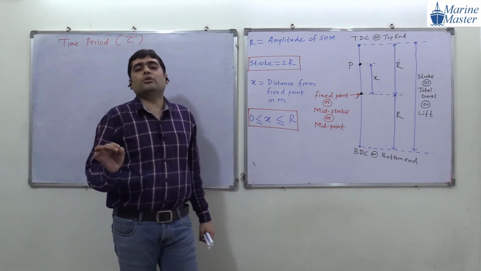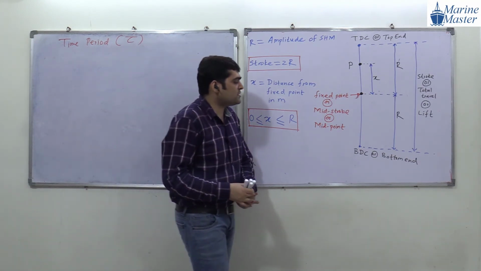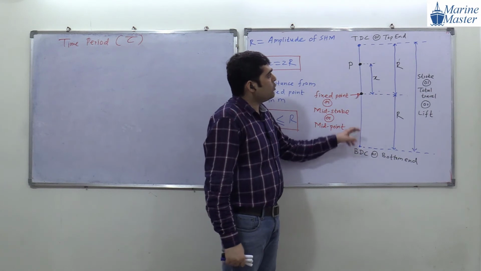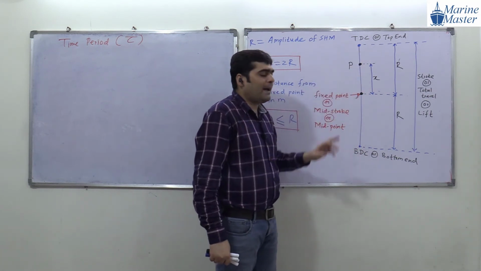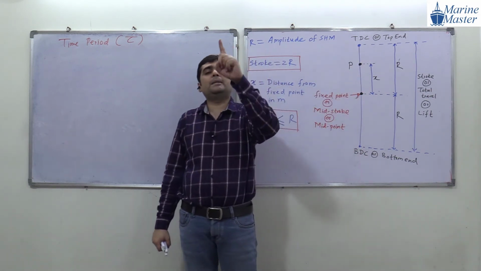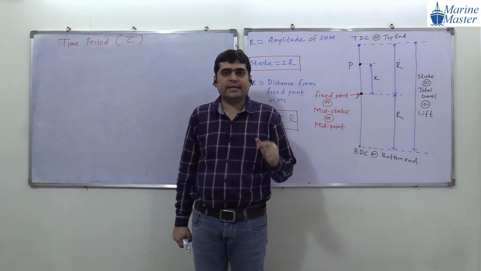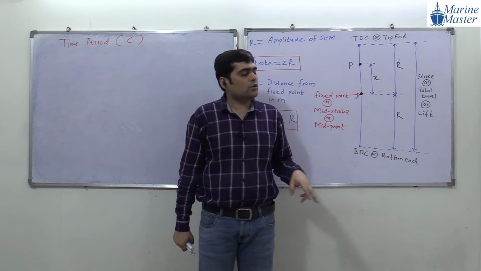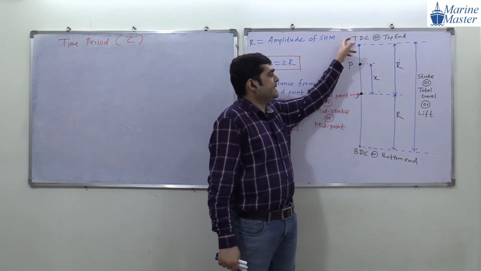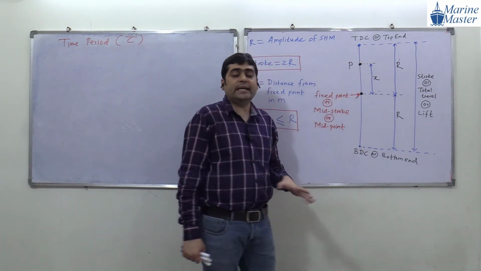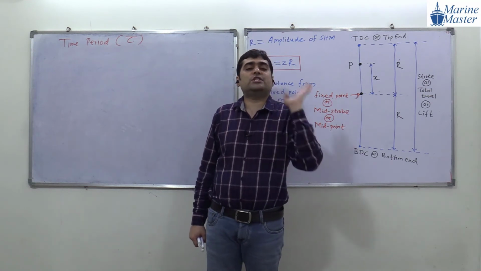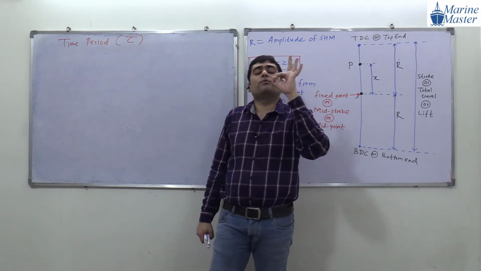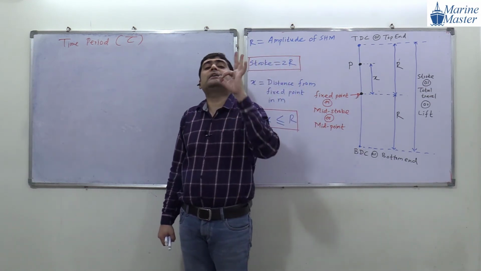Now what is the meaning of one oscillation, guys? Suppose a piston starts from BDC, goes to the TDC and again comes back to the BDC, it means one complete oscillation. So the time required for one complete oscillation is called time period.